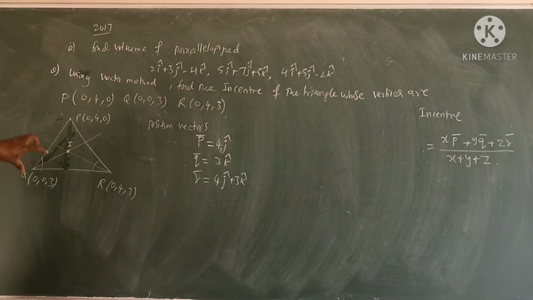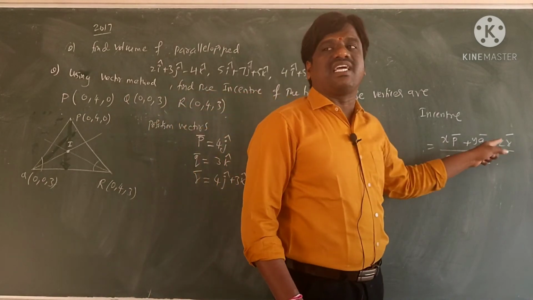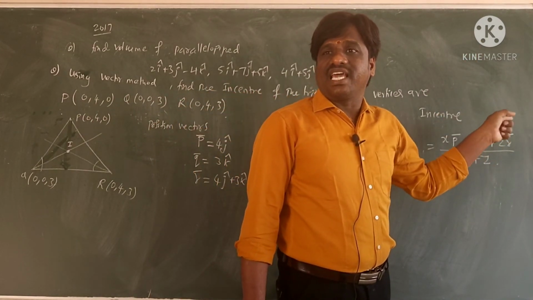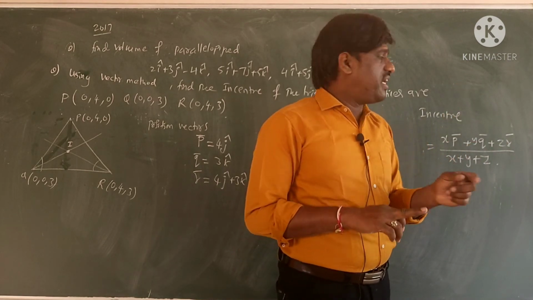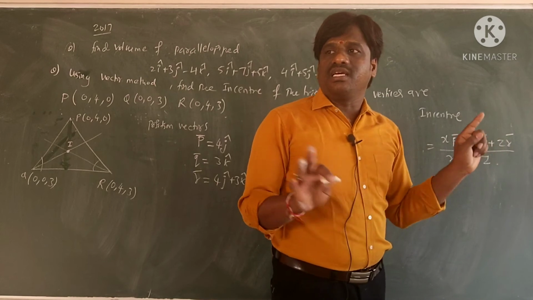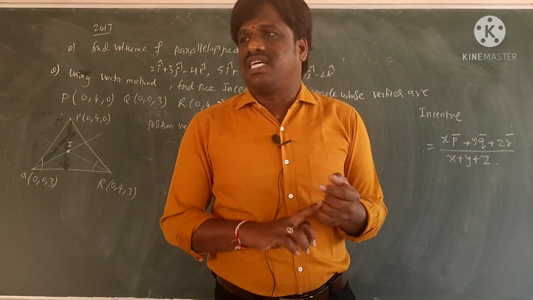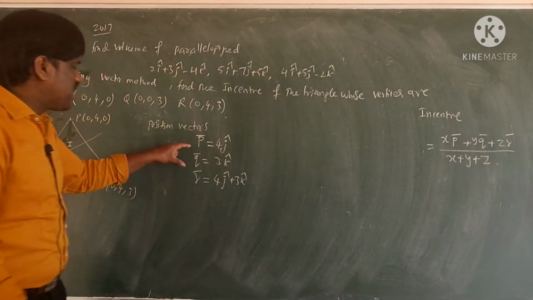So you need to find these lengths. That A, B, C here act as X, Y, Z. So what do you have to find? X, Y, Z. If you find them, P, Q are already there, so no problem.